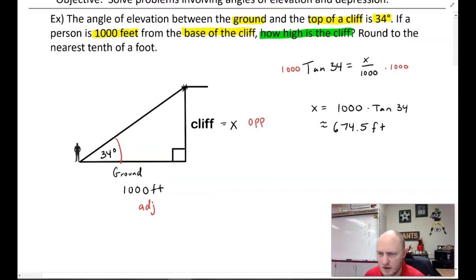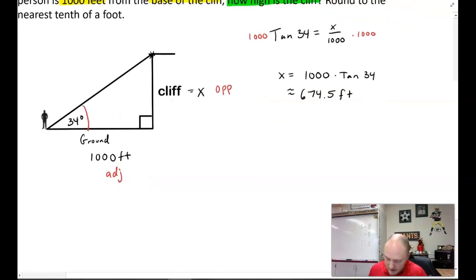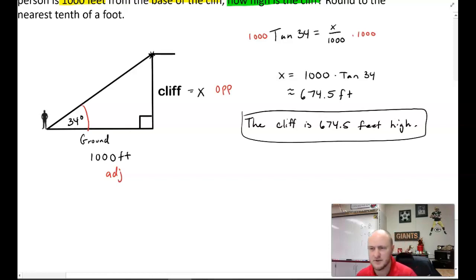Round to the nearest tenth of a foot. We did that. Okay, so we need to answer the question. How high is the cliff? The cliff is 674.5 feet high or tall. Something to that effect.